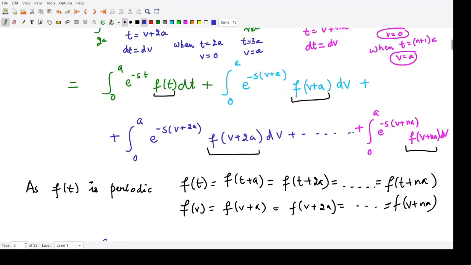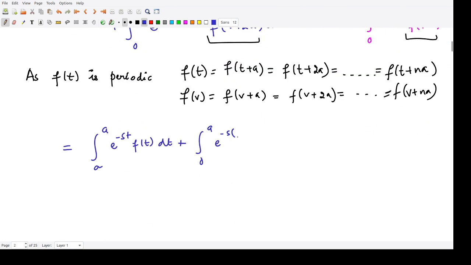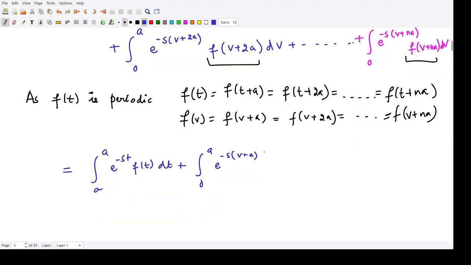For the second term, we would have integration from 0 to a, e to the power minus s into v plus a, and in place of f of v plus a, we would now have f of v dv.